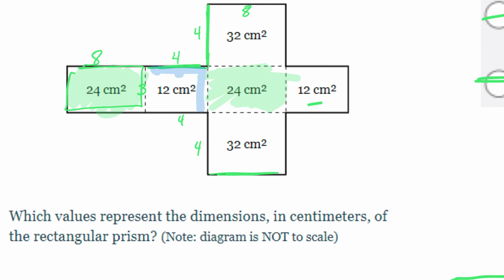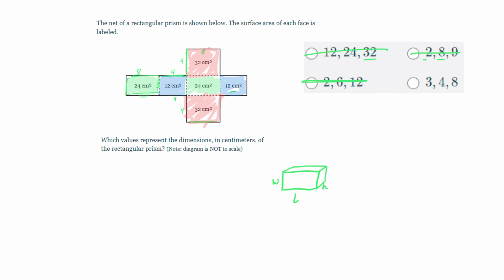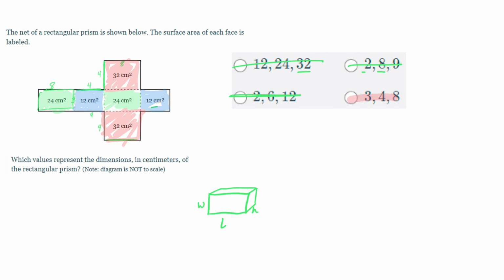And this is 4 by 3, which is an area of 12, which this opposite face is as well. And then the last thing is 8 by 4 is 32 square centimeters, which means this is also 32 square centimeters. So that would be our answer, the sides of 3, 4, and 8.